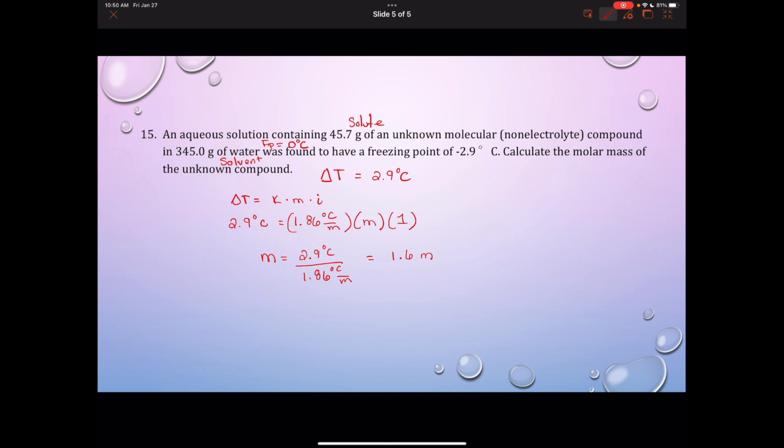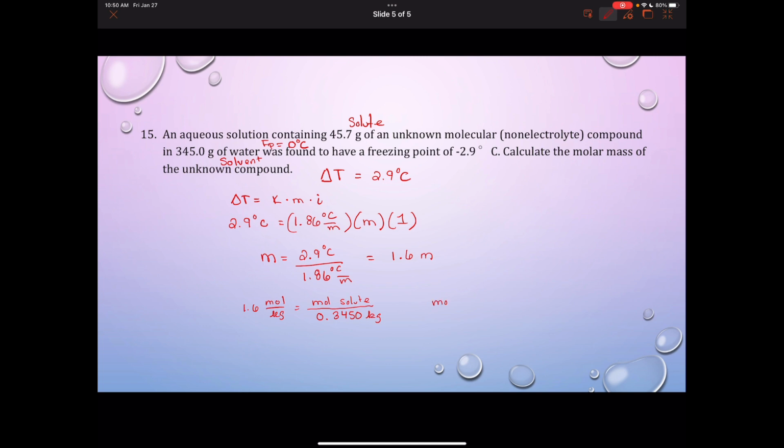We're using our molality to determine moles of our solute. So we're taking our moles of our solute divided by kilograms of our solvent. So our solvent is 345 grams, which is 0.345 kilograms.